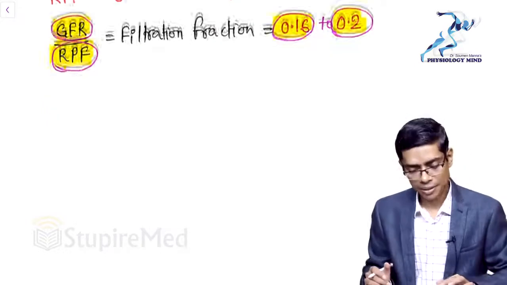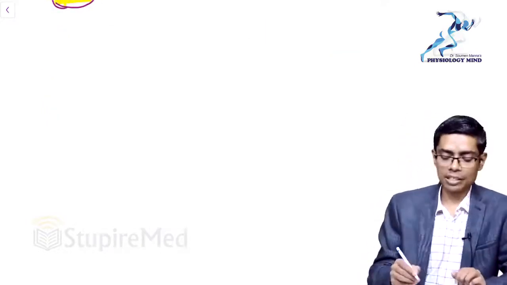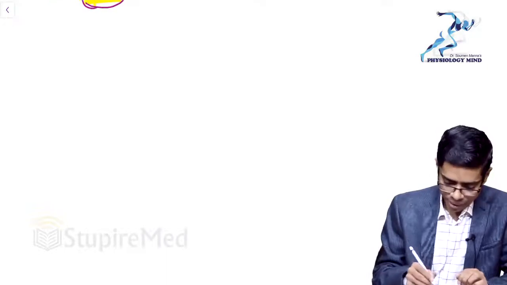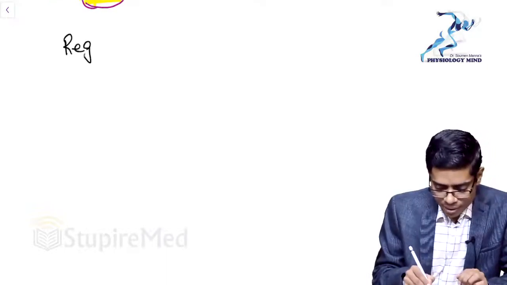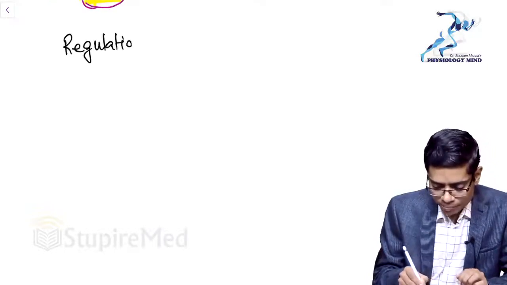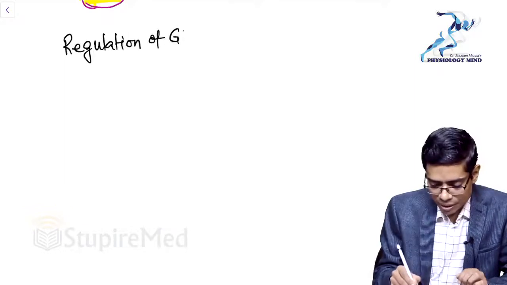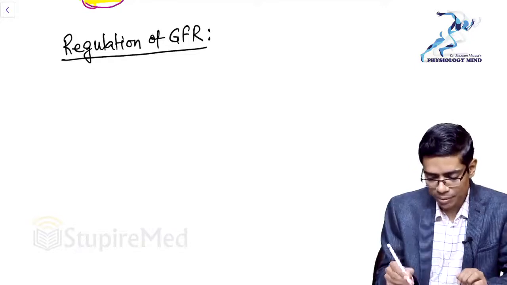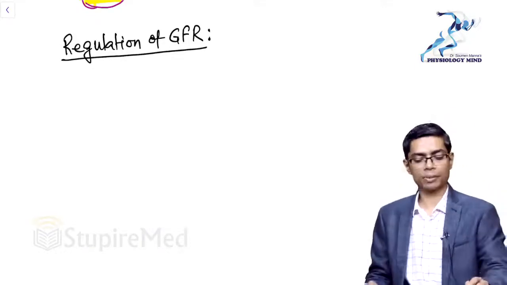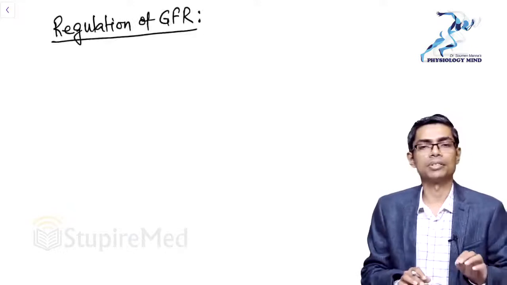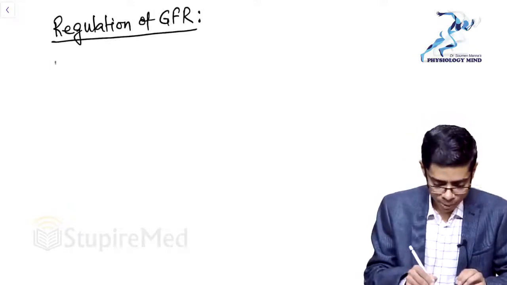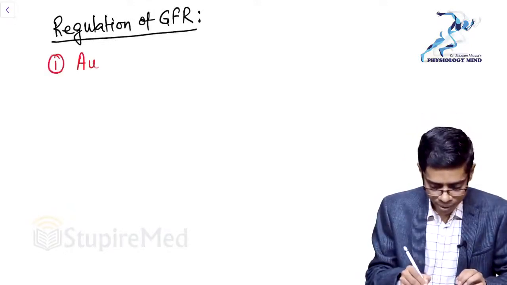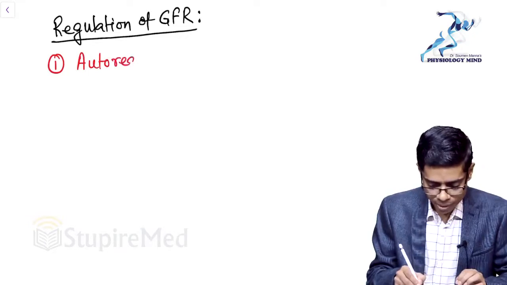Now we are going to discuss the other part of this GFR. That is regulation of GFR. So what are the things which regulate your GFR? Number one, important, autoregulation.